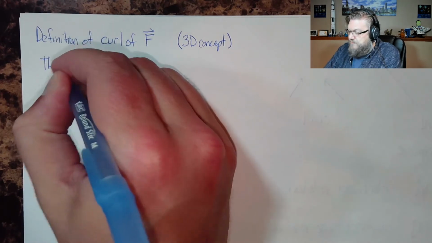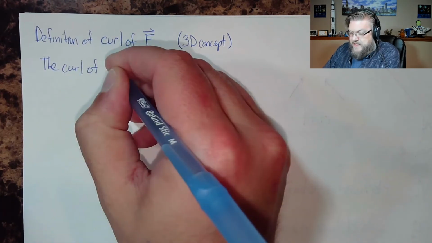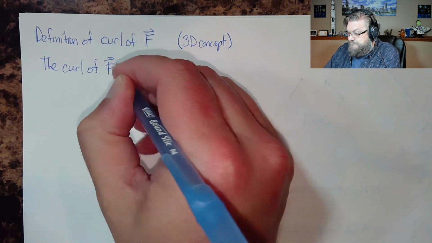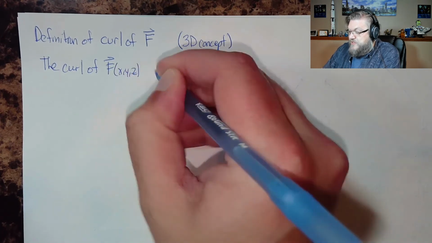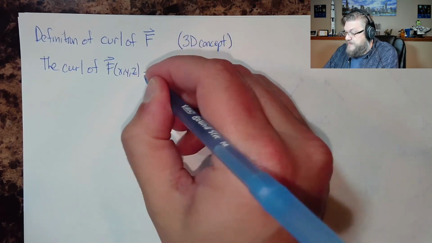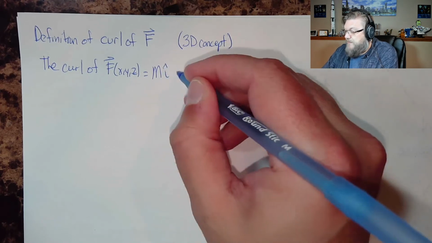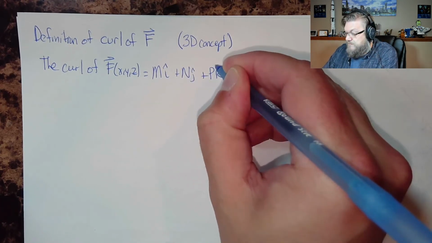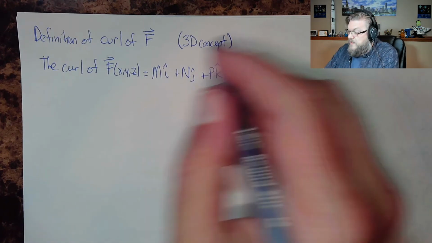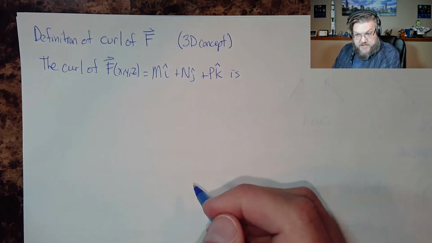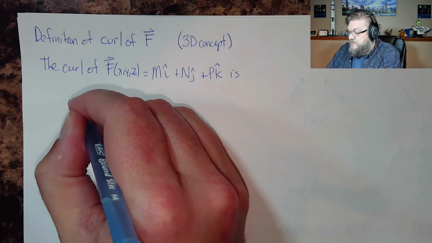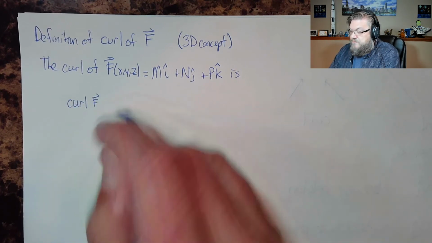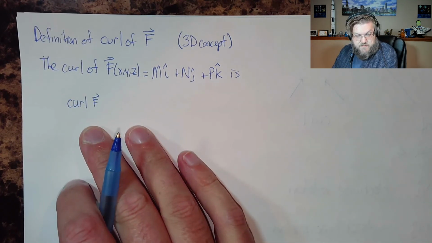The curl of F is a vector. So the curl of a vector field is a vector. So if I have mi plus nj plus pk, okay, we have a couple notations for the curl. You can just say curl F. That's one way to denote this.